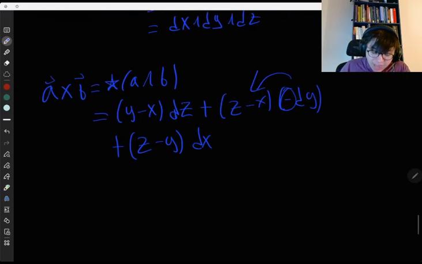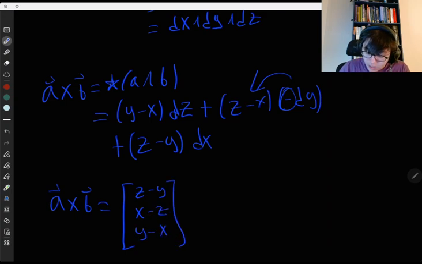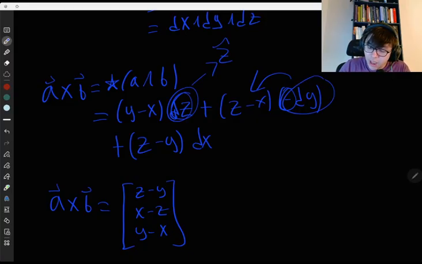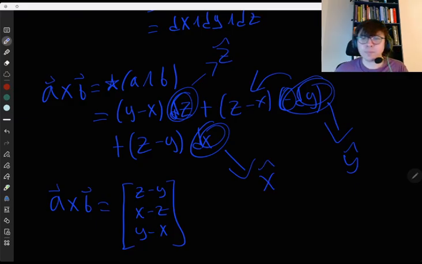And so if I did this correctly, A cross B is (z minus y), (x minus z), and (y minus x). Because remember, dz is just z hat, dy is just y hat, and dx is just x hat.